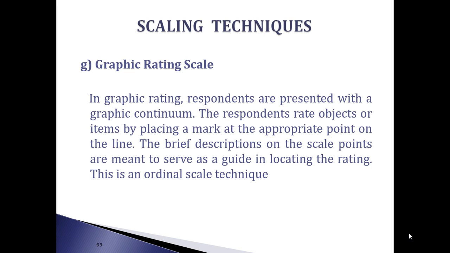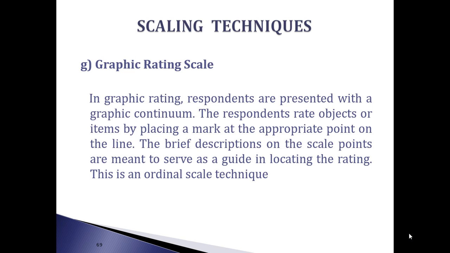Graphic rating scale. In graphic rating, respondents are presented with a graphic continuum. The respondent rates an object or item by placing a mark at the appropriate point on the line. The brief descriptions on the scale points are meant to serve as a guideline in allocating the rating.